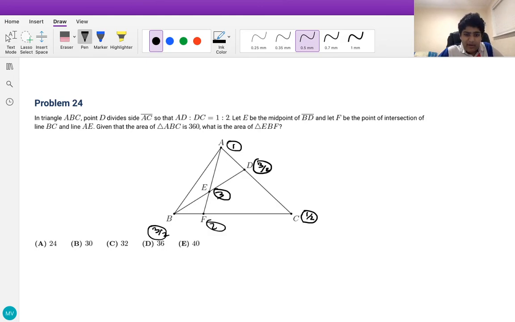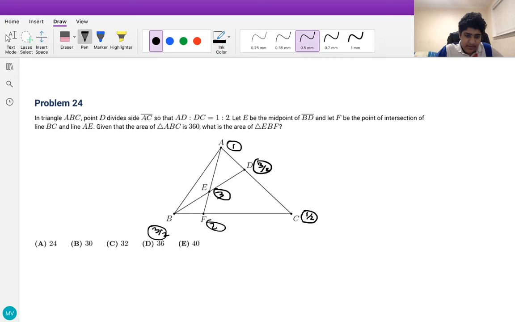So now that we have all the masses in the diagram, we can now compute the ratio of this area to the area of the entire figure. So we first know that BF over FC is going to be 1 to 3.